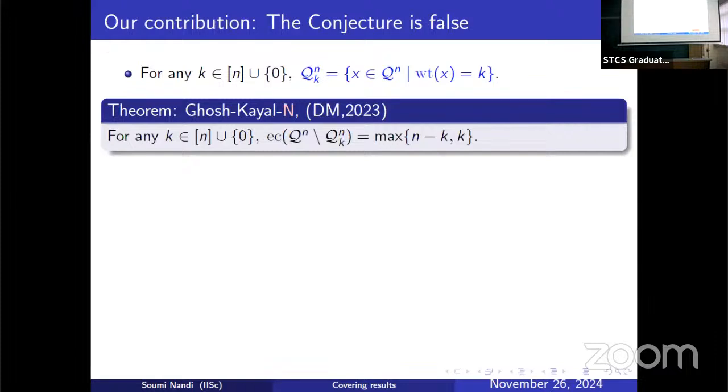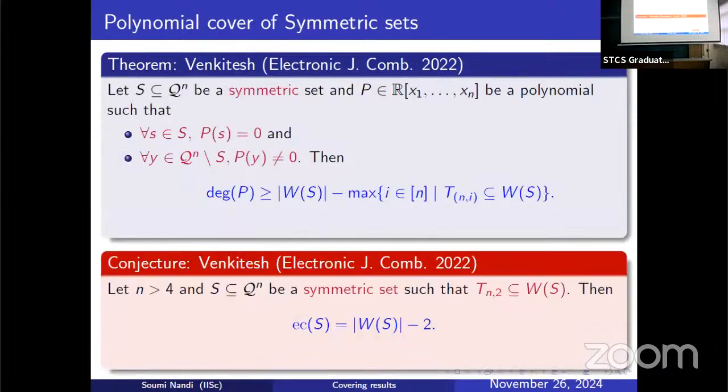But how will this show a separation? So this is the lower bound, right? Yes, this is a polynomial bound, but for hyperplanes he conjectured that this will be the bound. Suppose T_n^3 is a subset of W_S.